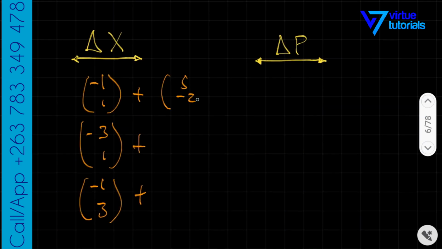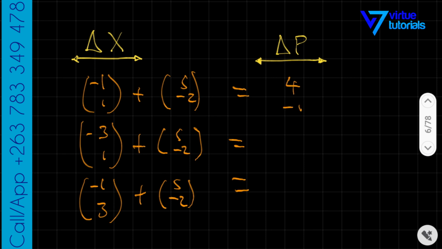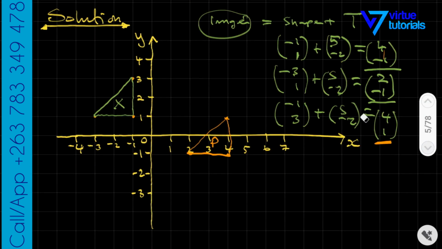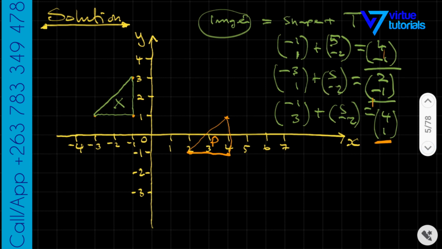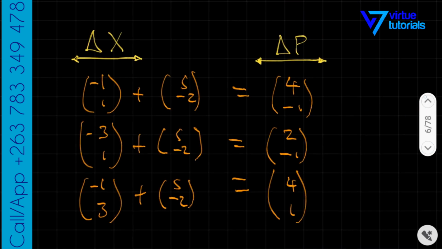So (5, -2), (5, -2), and another (5, -2) there. Not the tidiest. And then we're going to get our coordinates for our image, right? (4, -1), (2, -1), (4, 1). So you just create some space for working like this, and then you can get your coordinates for your image. So this is what we simply did earlier on here. Just repeated it where there's more space for it to be clear.